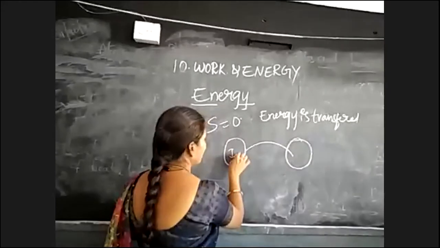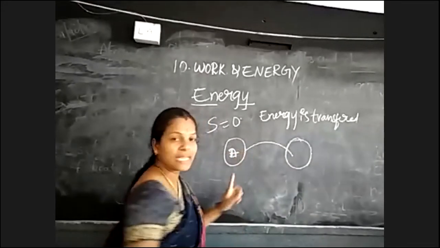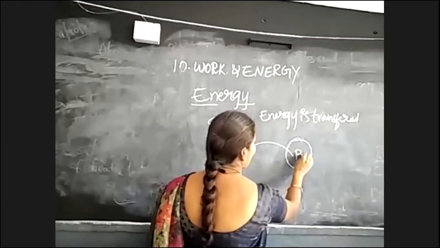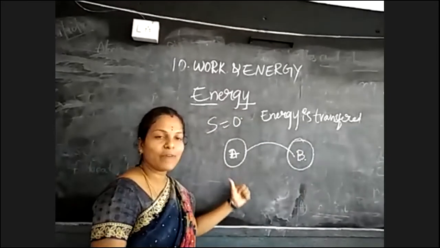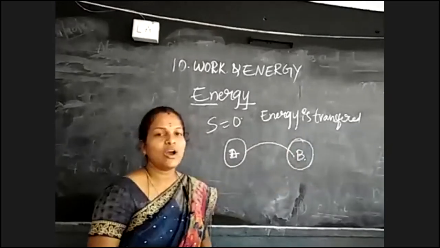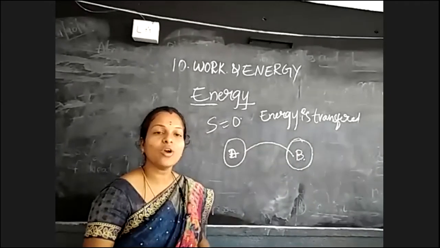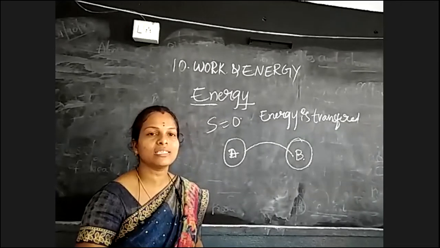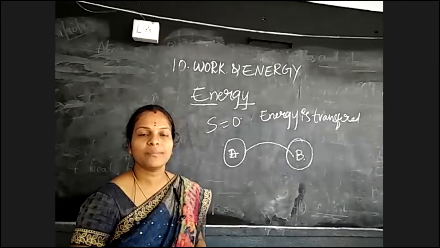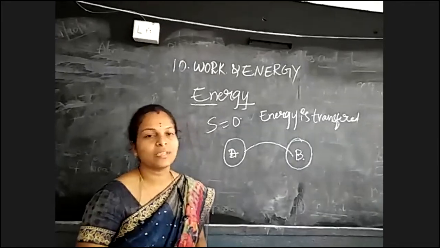For example, this is object A, this is object B. Energy is transferred from one object to another. That's why you are getting exhausted. You are losing, draining your energy. Is it clear, children? Yes.